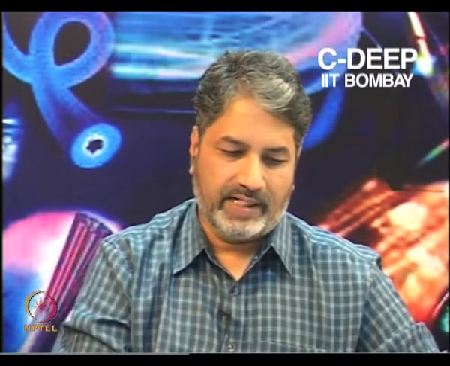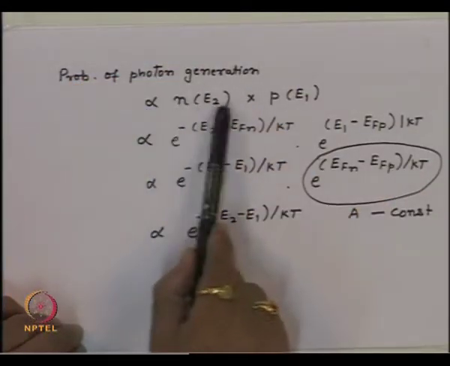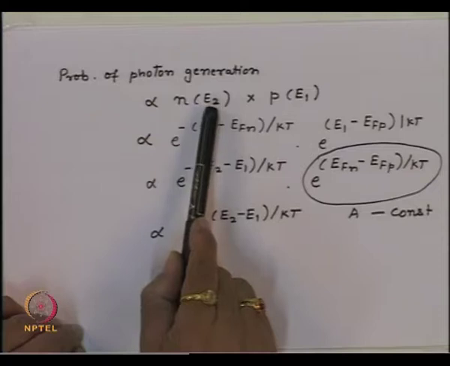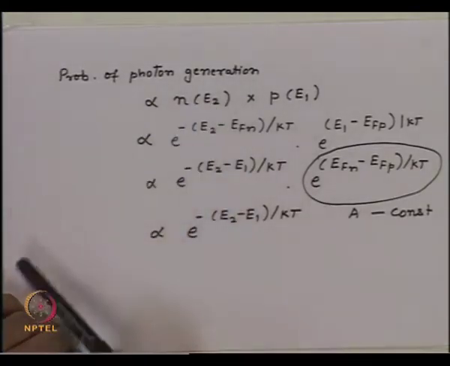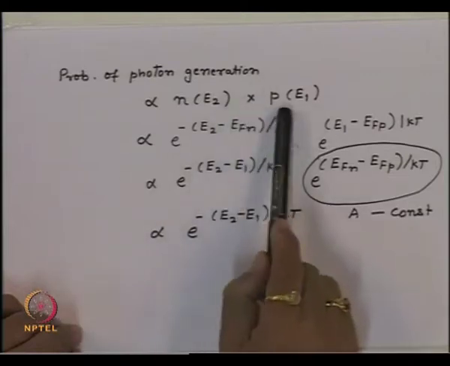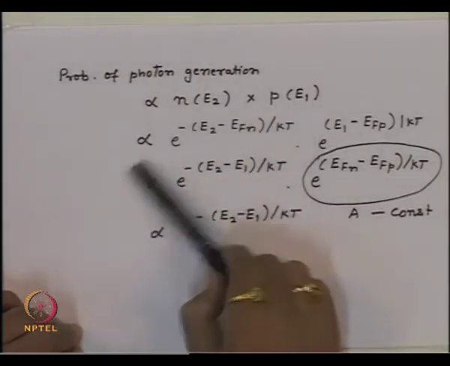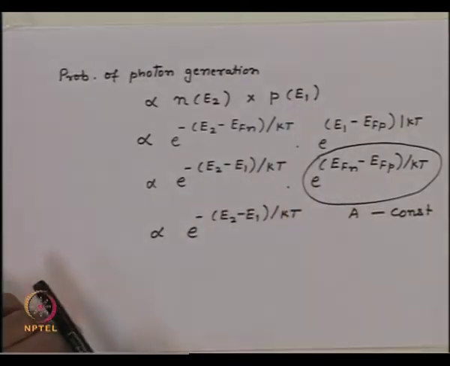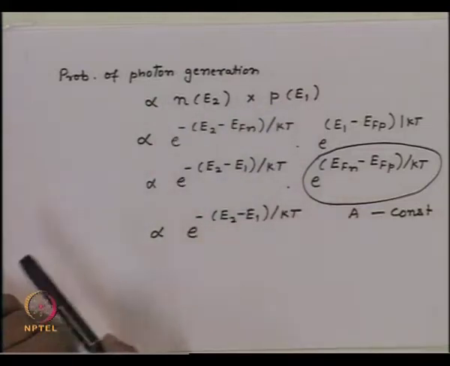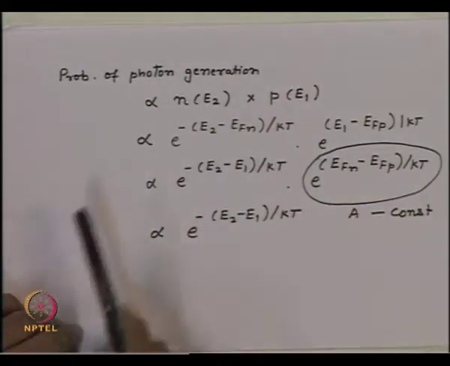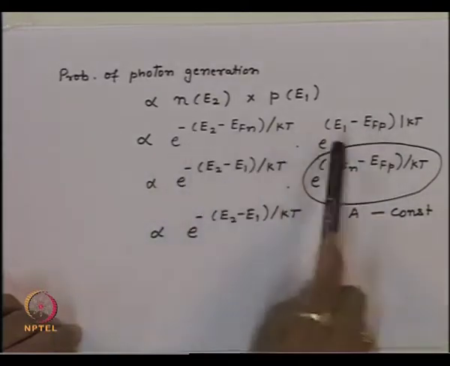We said the probability of photon generation is proportional to the density of electrons as a function of energy level, and in the conduction band we are representing energies by E2, multiplied by the probability of a hole in the valence band, where the energy is represented by E1. Substituting for these two probabilities of electron and hole, we get the probability of photon generation, which is essentially given by this.